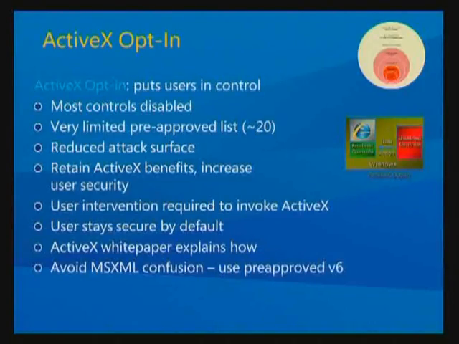We look at all of the controls on the machine that the user has previously used, and we put them on the approved list. We take everything that is a core part of the Windows or IE experience, the core element ActiveX controls that we need, and we put those on the approved control list.